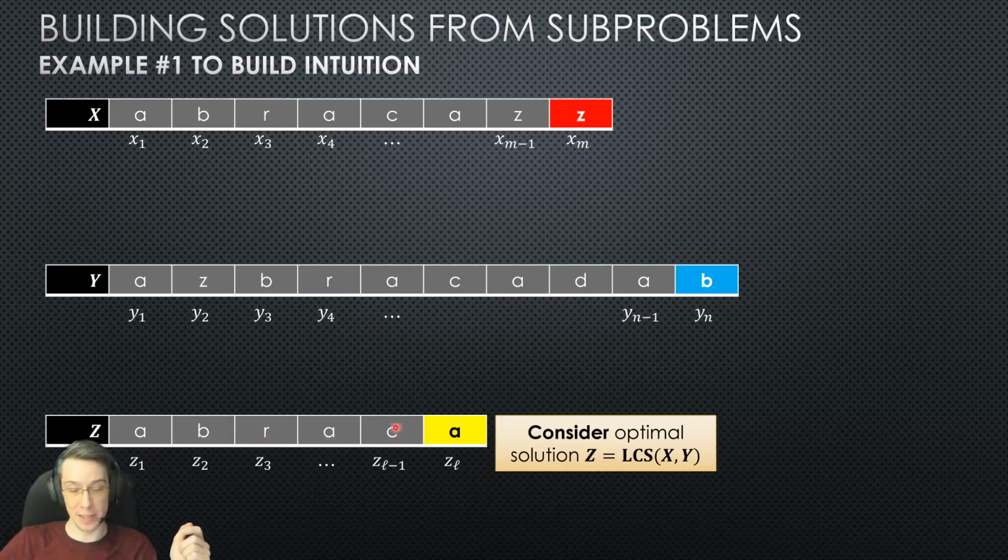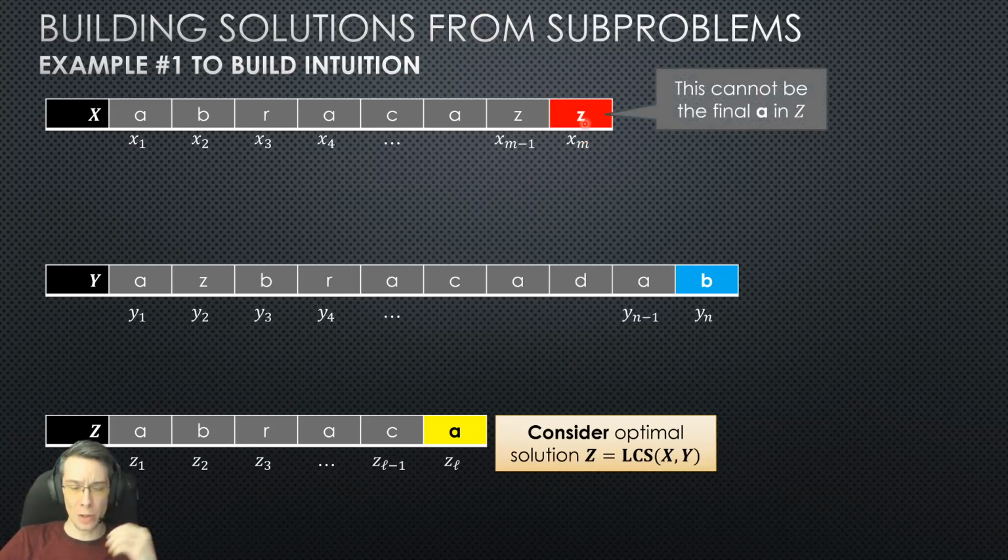Okay, so it's going to be 6 letters here, and we're going to call this Z, and its letters are going to be Z1 up to ZL, in this case Z6. Okay, so we don't know this optimal solution until we solve the problem, right? But we can still imagine the optimal solution and reason about it, similar to how we did in the other dynamic programming problems that we've seen so far.